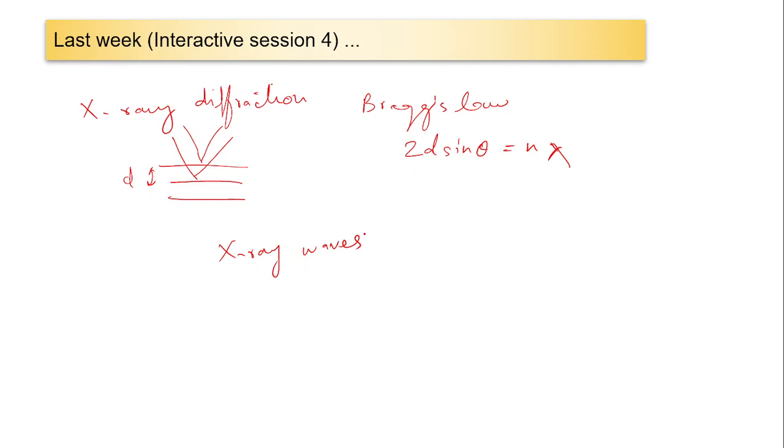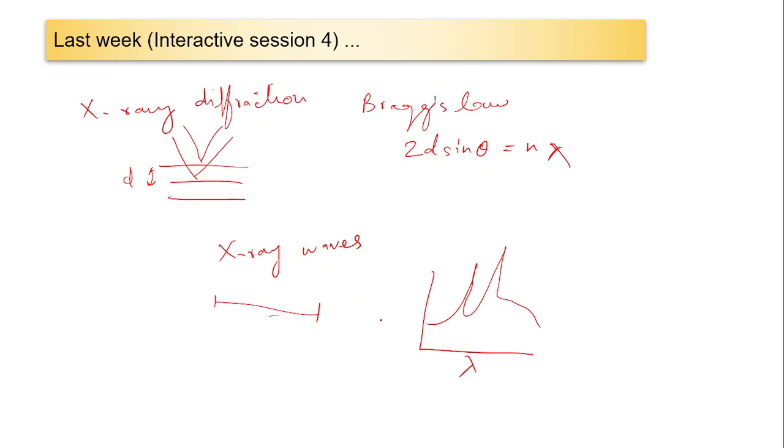After that, we get energies emitted in some range, and if we want a particular wavelength, then we use a filter, and thus we get a particular wavelength of X-ray, right?